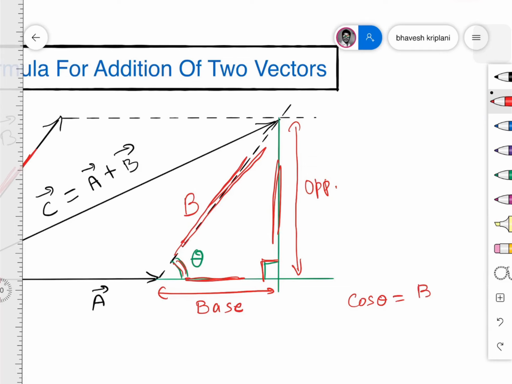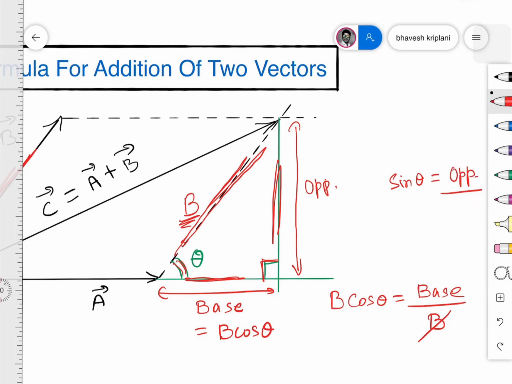Now we know that applying trigonometric relations, cos theta is equal to base divided by hypotenuse. In this case our hypotenuse is equal to B. Then if we take the base from here and put it over here, then base will be equal to B cos theta. Similarly, sin theta is equal to opposite side divided by hypotenuse. Our hypotenuse is B. So in this case, the opposite side will be equal to B sin theta.